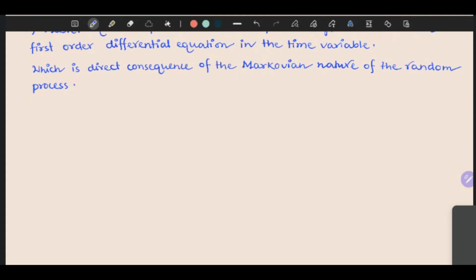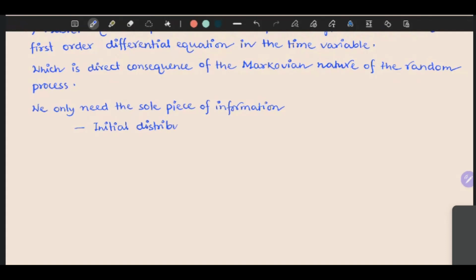So we only need the sole piece of information, which is the initial distribution p k initial from j.